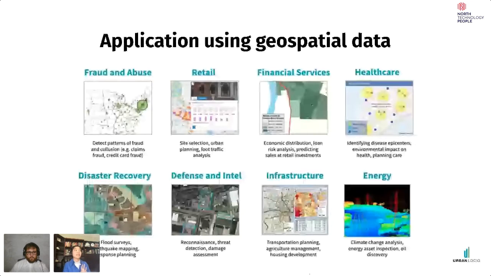So this is some of the applications using geospatial data. For example, in fraud and abuse, this is one of the prominent uses of geospatial data from banks. If you always use your card in Canada, and then one day there's some use of your card, for example withdrawing $2,000 from another country, like India or Australia or somewhere else, right?